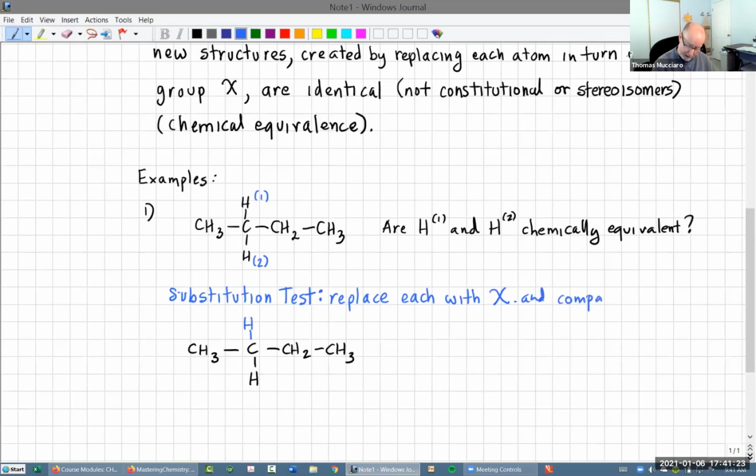Sorry, I'm going to add and compare, right? And I put an H there, and I didn't mean to put an H there. I meant to put an X there. There we go. Right, so I replaced hydrogen 1 with X. Now I replace hydrogen 2 with X.